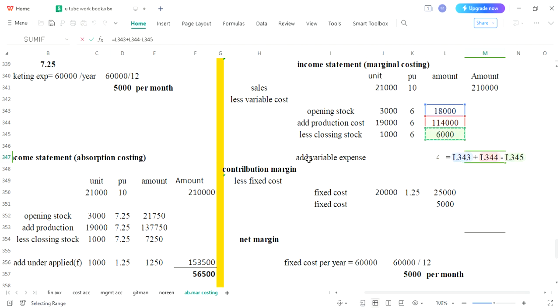It is your closing stock. Then finally add variable expenses. Variable expenses were 4 and you need to add variable expenses as 4,000. So in this way your total variable cost has been completed.